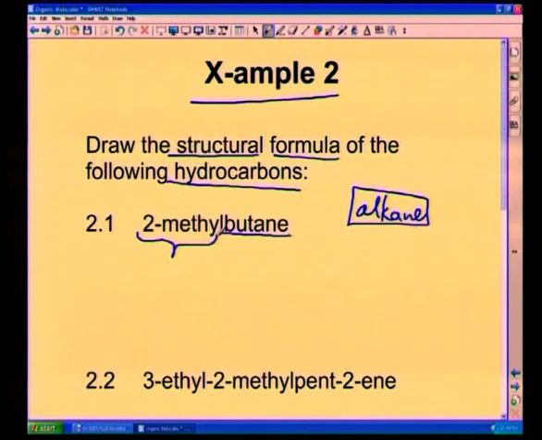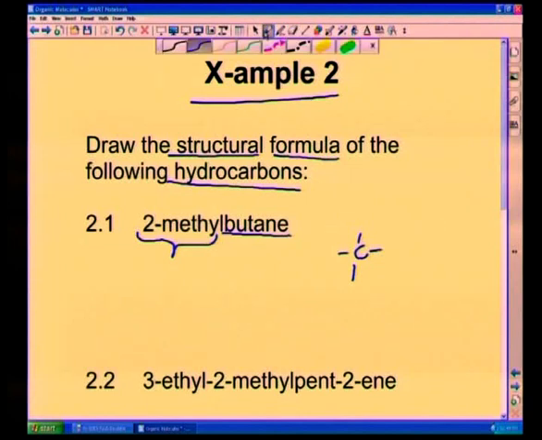Now, let's go back to the first alkane, methane. It has got 1 carbon atom, and apart from that, it has got 4 hydrogen atoms.